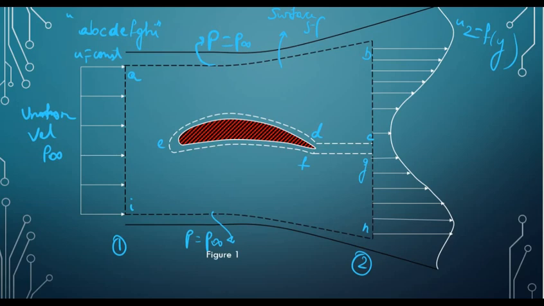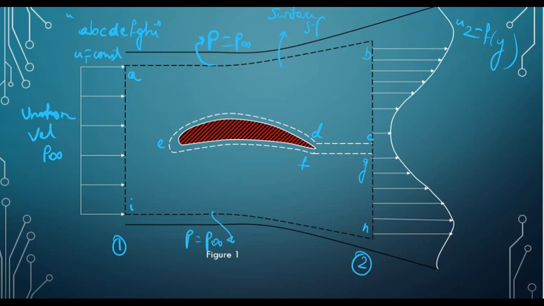Now, the shear force on DEF is the equal and opposite reaction of the shear stress and pressure distribution which is created by the flow over the surface of the body.